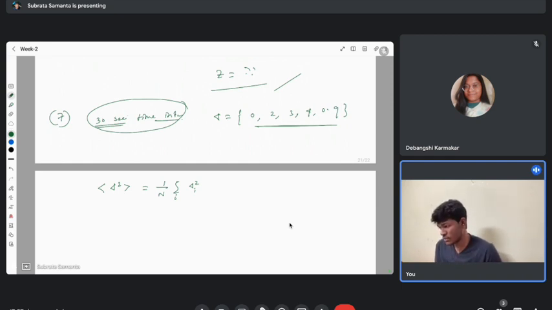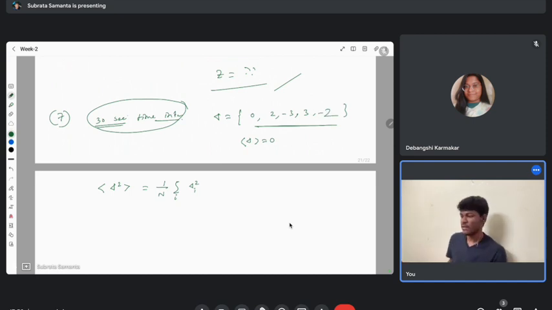Remember that the delta average is 0. So in this case, if we choose, let's say, 3, 2, 5, minus 3, in such a way that the delta average is 0.